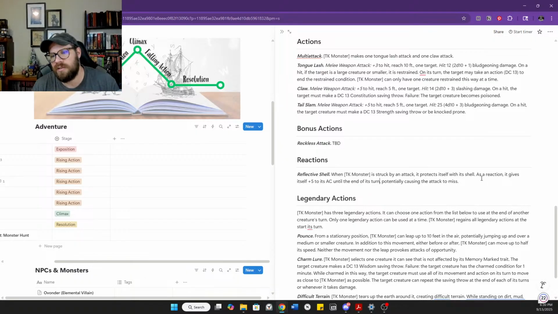We could do something like that. So if there's multiple attacks in a turn, it gets the benefit of this. If it gets it until the beginning of its next turn, then effectively its armor class is an 18 instead of a 13, which again changes the CR, the challenge rating for this creature. So I think this is a pretty easy way of doing this. And we may want to drop this from 5 to say 3 or something along those lines.